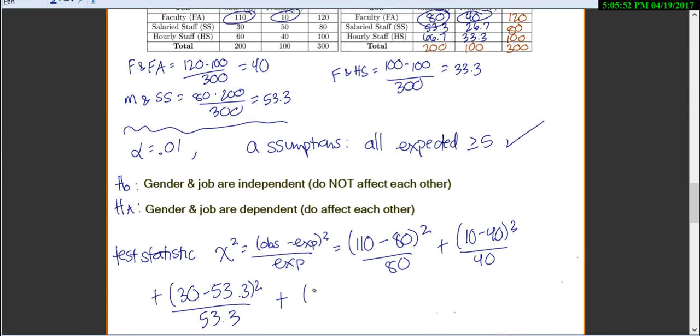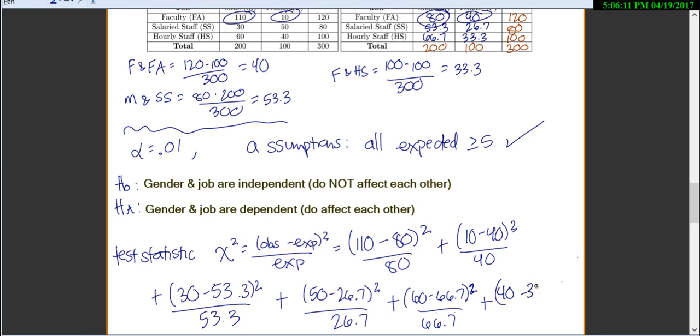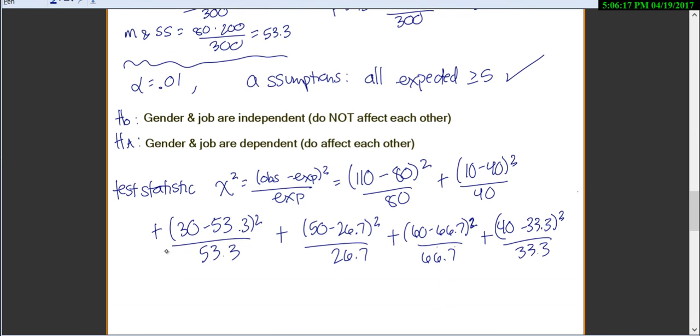And then 50 and 26.7, and 60 and 66.7. And finally 40 and 33.3. After you've done all this, which I admit takes a long time, we get chi-squared equals 66.3.